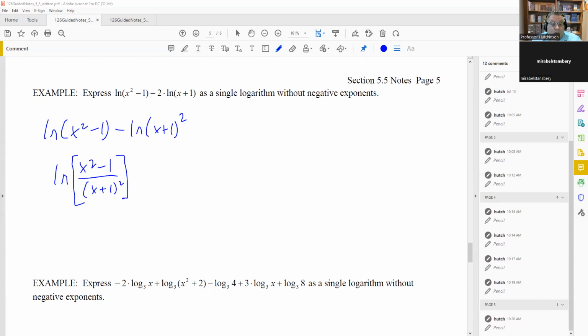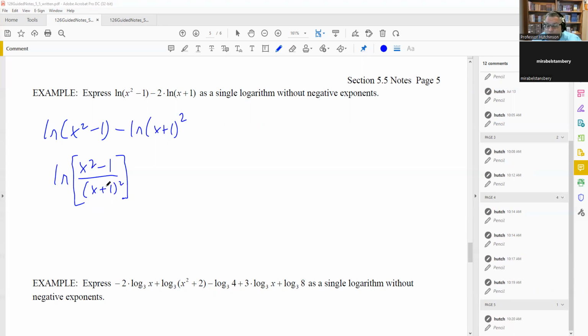If you see that kind of problem, that's a hint that you probably have to do a little bit more reducing. So let's go ahead and take a look at this next problem.